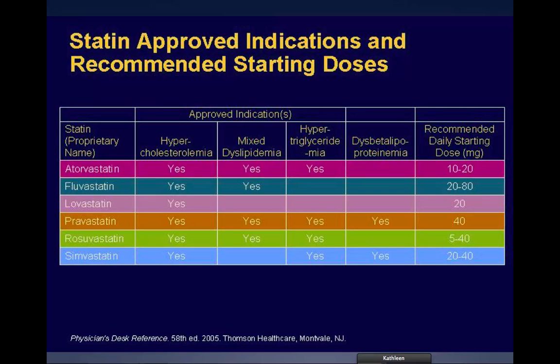The triglyceride concentrations are usually greater than 400 and may exceed 1,000. The disorder presents because of a decreased ability to convert very low density lipoproteins and intermediate density lipoproteins to low density lipoprotein particles in the blood, and because of a decreased clearance of chylomicron remnants.